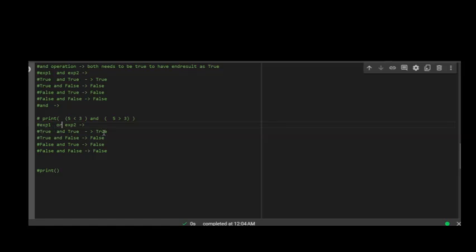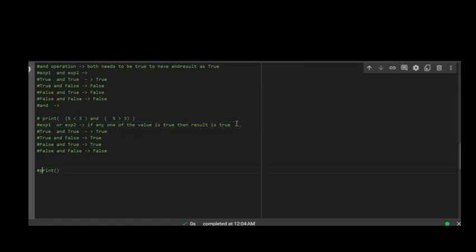And then again we have different conditions. True or true will definitely give true, true or false becomes true, false or true also becomes true, and false or false becomes false. So the conclusion from here is that if any one of the values is true, then the result is true. Okay, this is what or is.